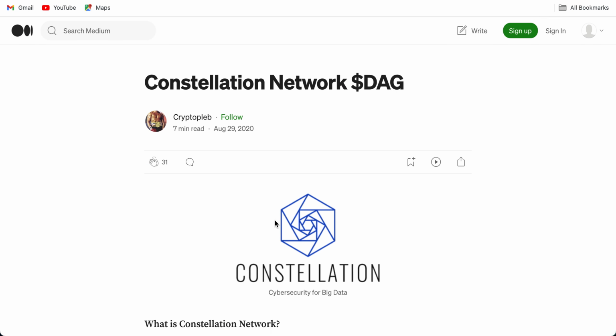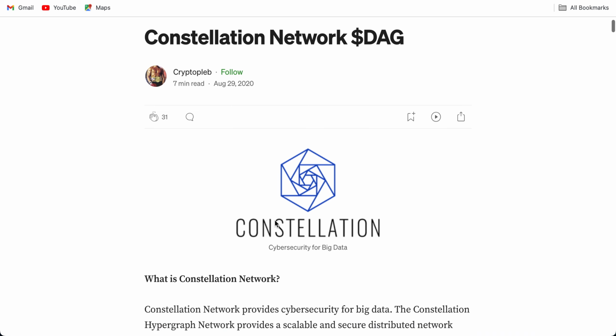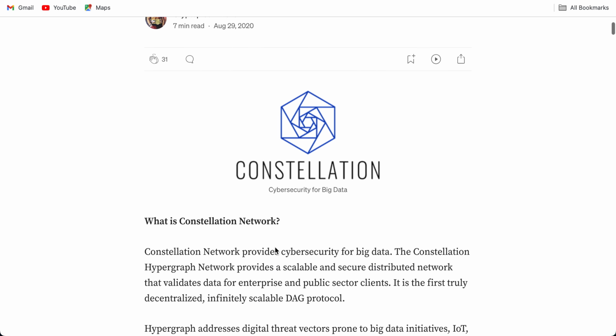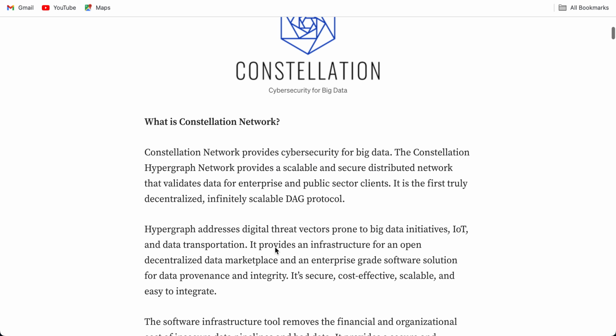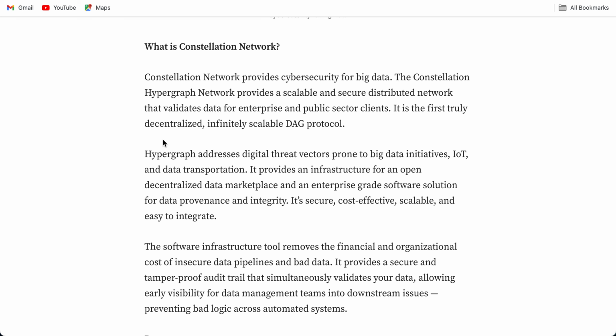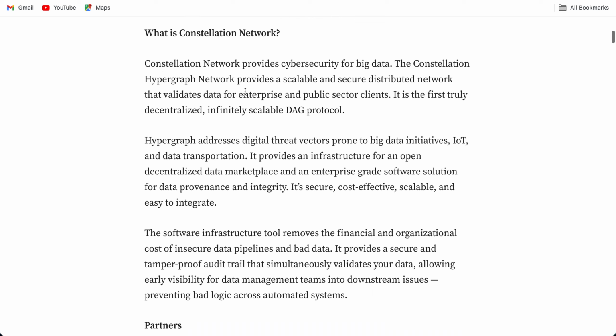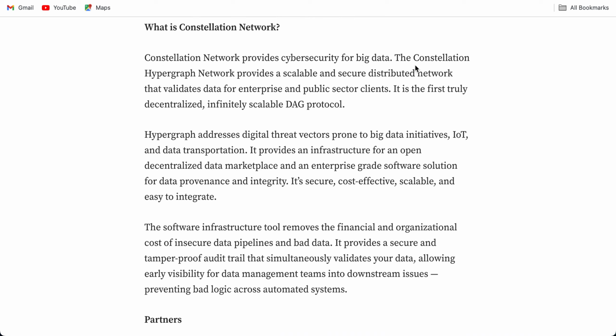Now let us check this article. This is rather an interesting article as well. It explores the Constellation Network as well as the partners. So in a nutshell, let us check this again for further confirmation. Constellation Network provides cybersecurity for big data. The Constellation Hypergraph network provides a scalable and secure distributed network that validates data for enterprise and public sector clients.